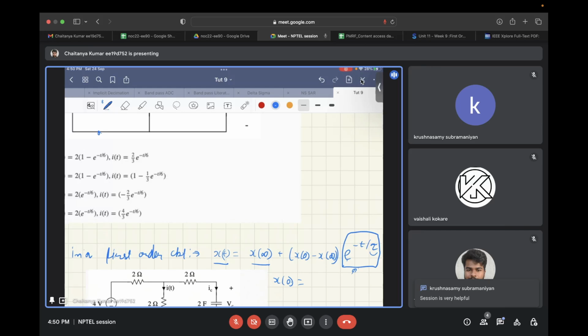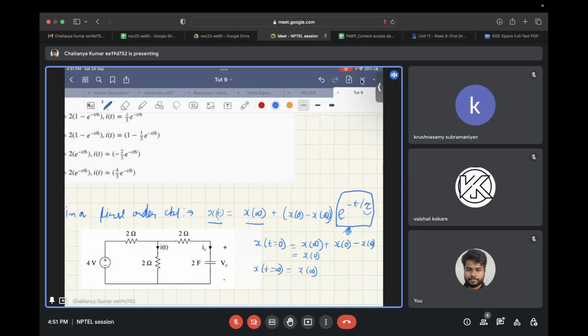So you have x(0) equal to x(infinity) plus x(0) minus x(infinity), so that is equal to x(0). And at t equal to infinity, this quantity will become 0, so you have x(infinity) as the value. So this equation you need to keep in mind for finding any time domain equation in a first order circuit.